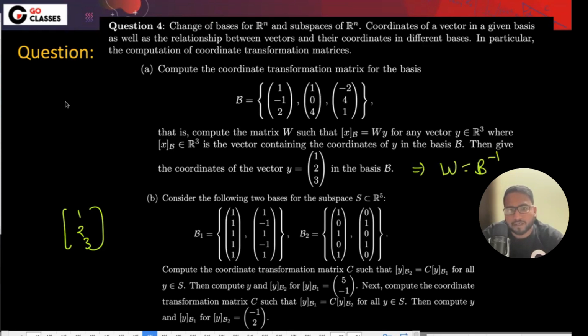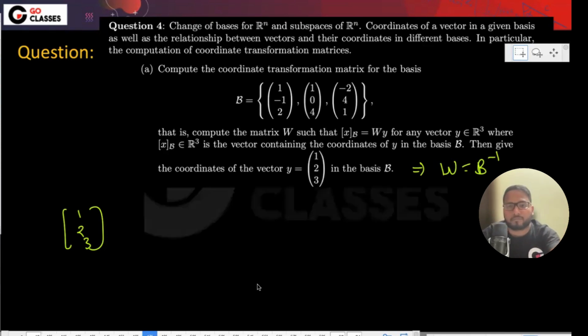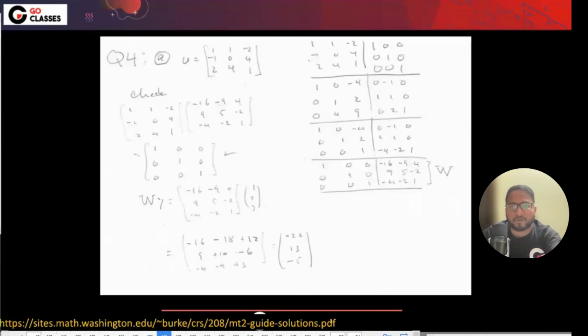And what is the next paragraph saying? Let's suppose B1, B2 is given. Compute the coordinate transformation matrix C such that this. Maybe I can go to the next page and zoom out to see what they're trying to say. By the way, this W is just B inverse.